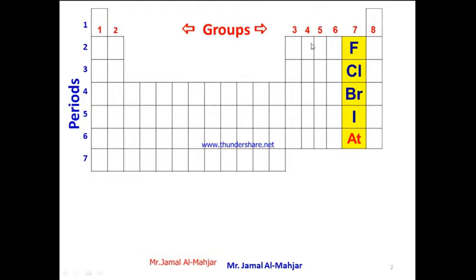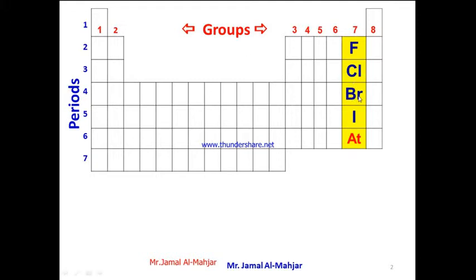We start with the first element. It is fluorine. Fluorine is in group 7, but in which period? Yes, it's in period 2. The second halogen is chlorine, also in the same group, group 7, but in which period? Yes, in period number 3.